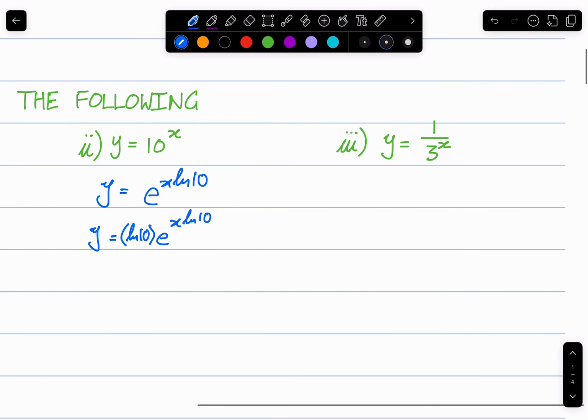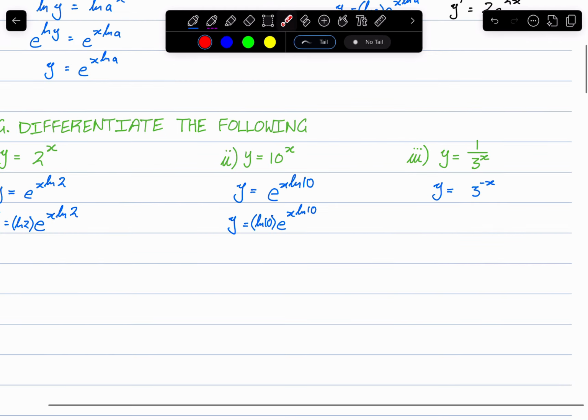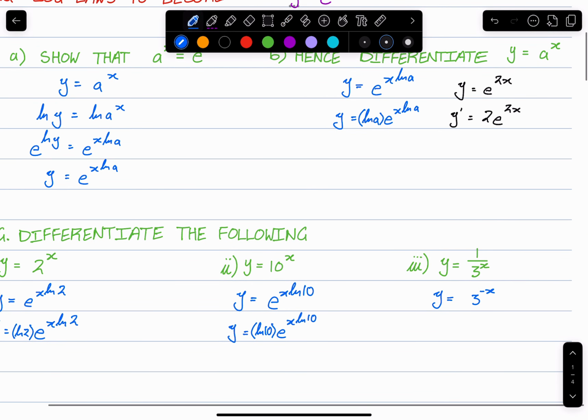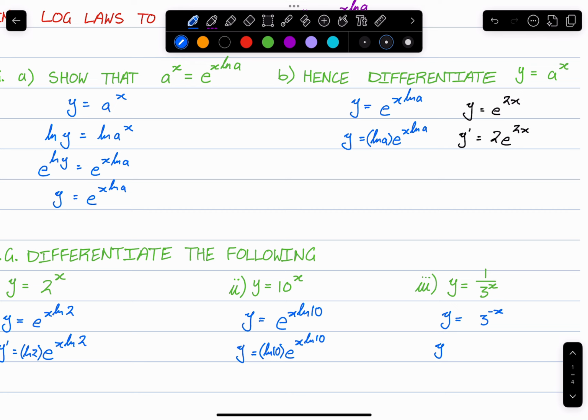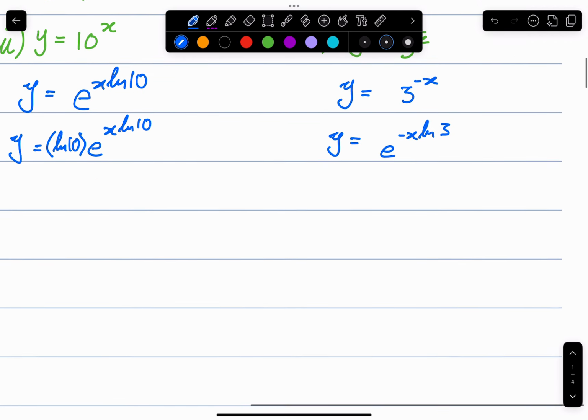And for our last example here, I'm not going to take the derivative of this just yet. This becomes 3 to the power of negative x. And changing this to the form, this one, this will become y equals e to the power of negative x ln 3. And so this becomes ever so slightly trickier.